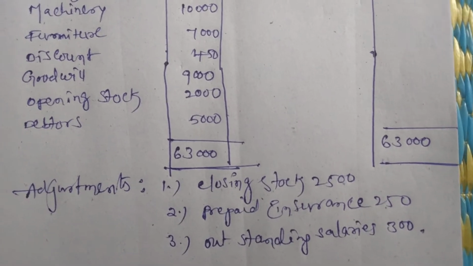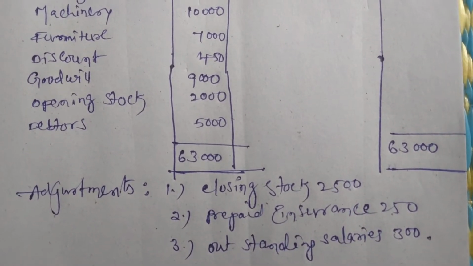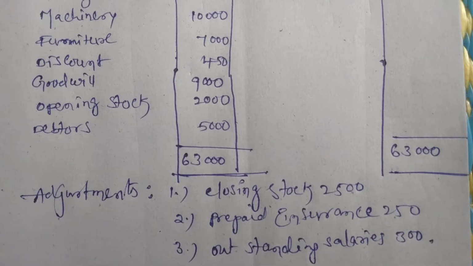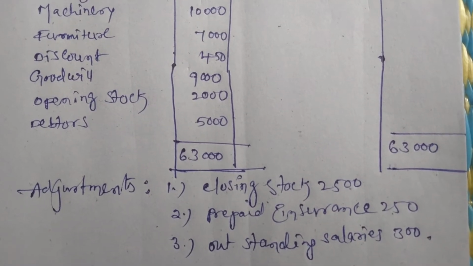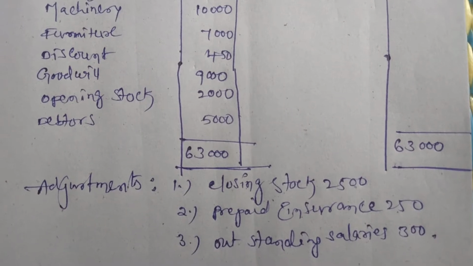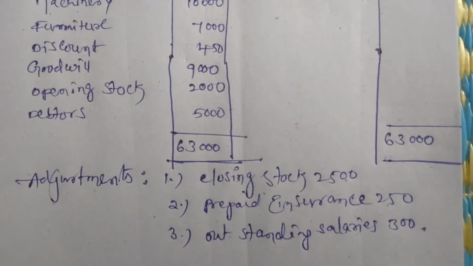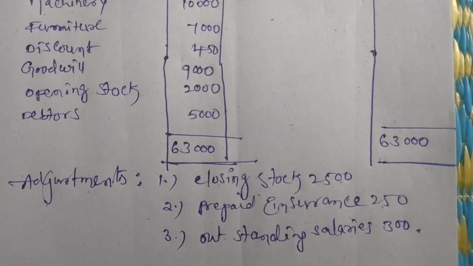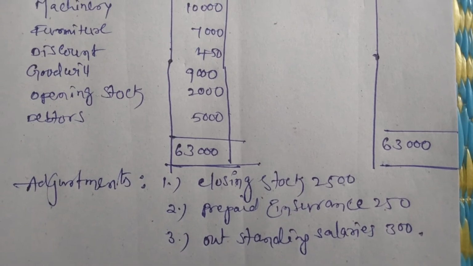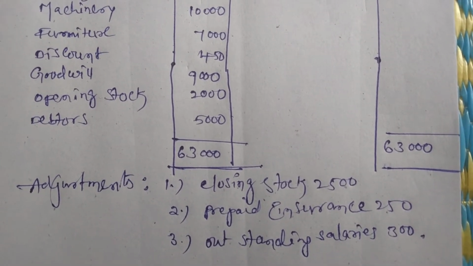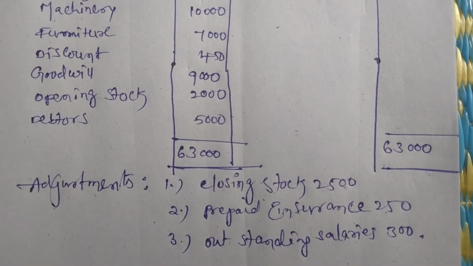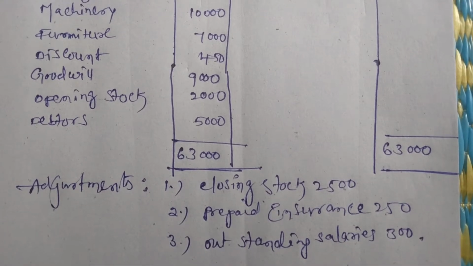Before we start the solution, first put tick marks for the adjustments. The first one is closing stock. Closing stock is recorded directly in the final accounts, so no tick is required in the trial balance.